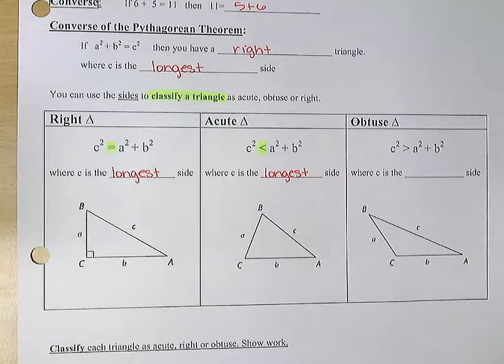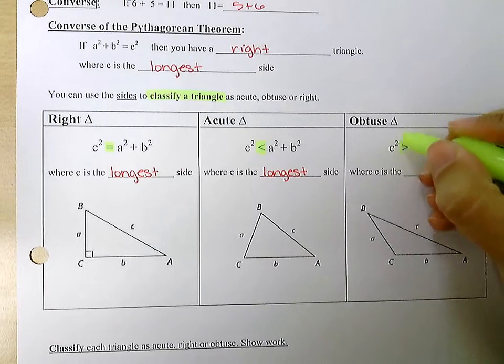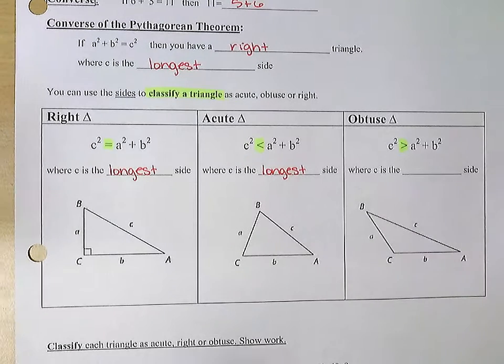Okay, the last classification is an obtuse triangle. In this one, your c squared value is greater than a squared plus b squared. So that side squared, that number you get, will be greater than your other two sides squared and added together.